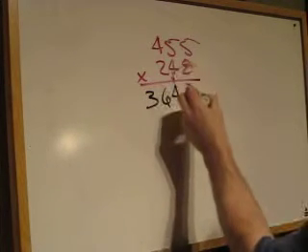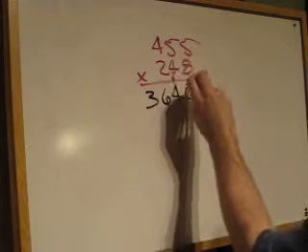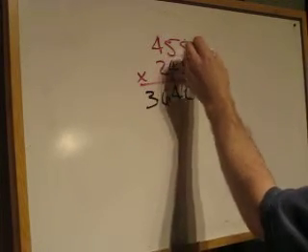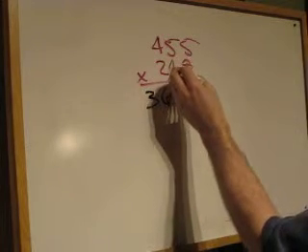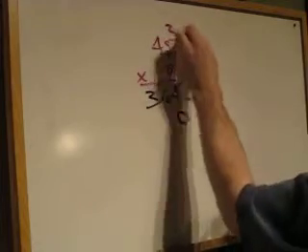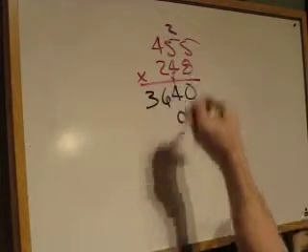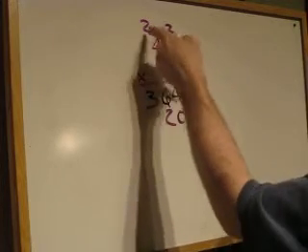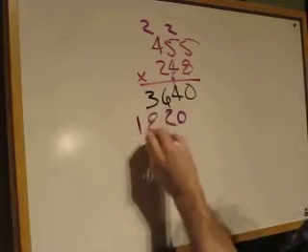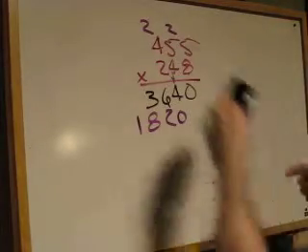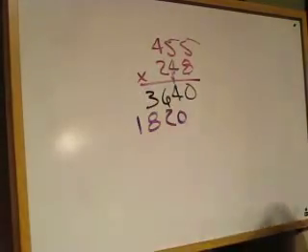The first number I put down, 5 times 8 is 40, and I put the 0 under this column. Now I'm going from here to here, so I have to keep the first number in this column. So 5 times 4 is 20, carry the 2. 5 times 4 is 20, plus 2 is 22, carry the 2. 4 times 6 is 16, 17, 18. Again, I've still got my columns there. So I just multiplied the 455 times 4.